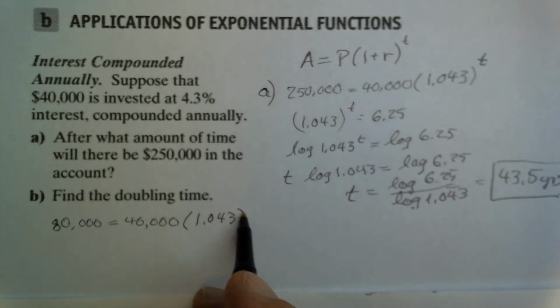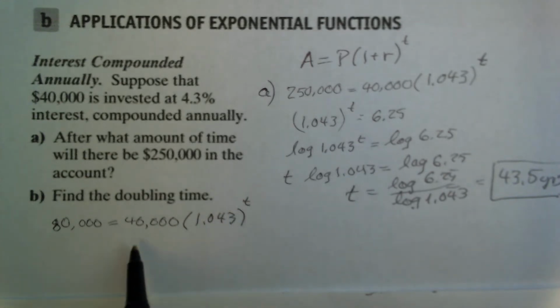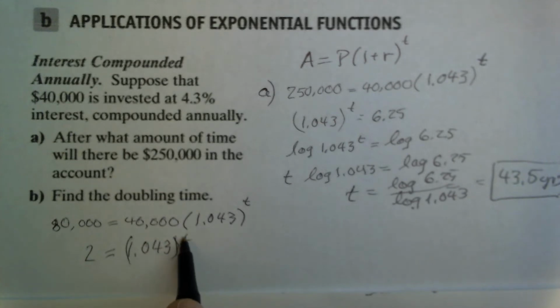So 80,000 equals 40,000 times 1.043 to the T power. Dividing both sides by 40,000, 80,000 divided by 40,000 is 2, equals 1.043 to the power of t.